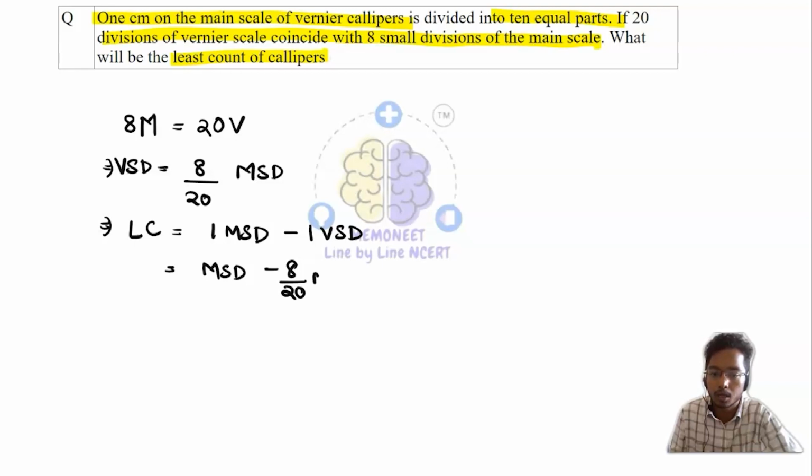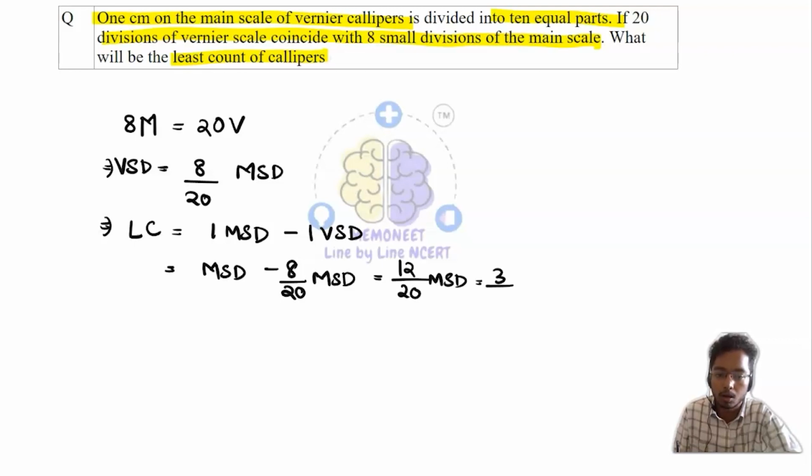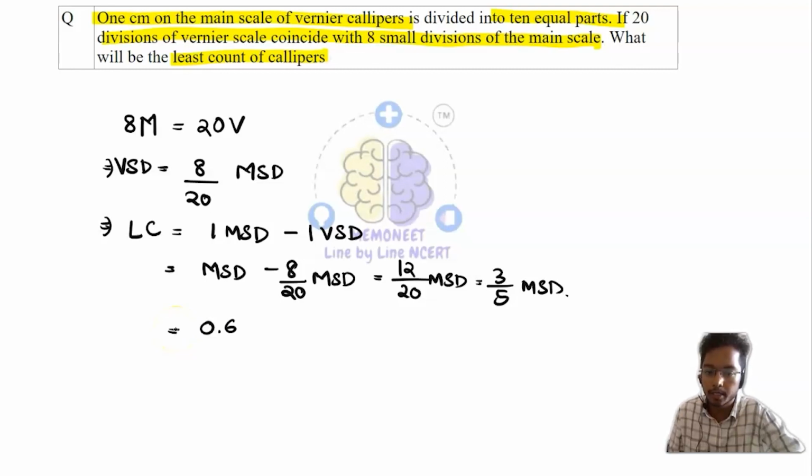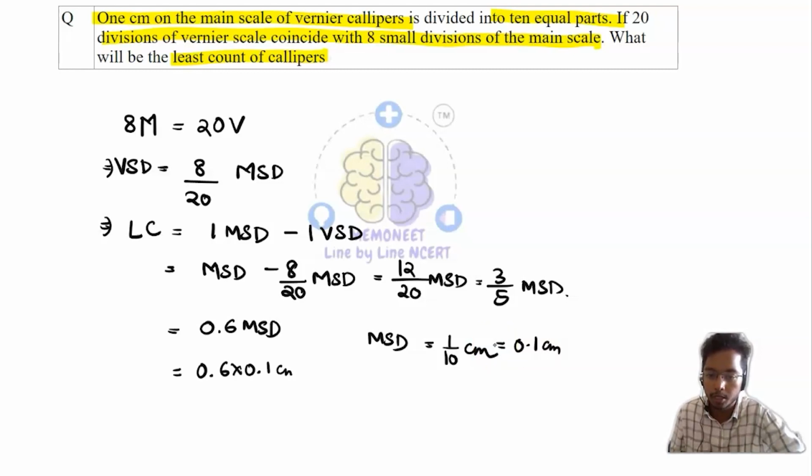So this will be equal to 12 upon 20 MSD, it means 3 upon 5 MSD. The least count will be 0.6 MSD, and 1 MSD is equal to 1 upon 10 centimeter, equal to 0.1 centimeter. So we have 0.6 into 0.1 centimeter, that is equal to 0.06 centimeter. This is the least count.